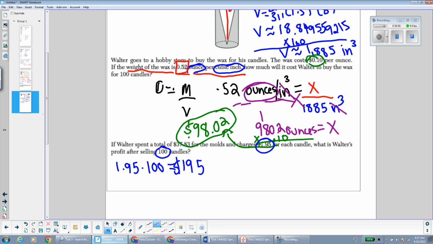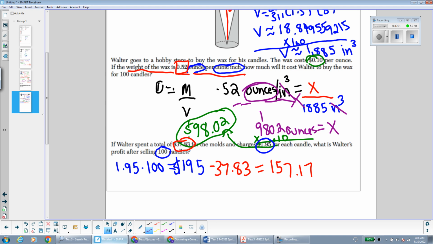Okay, so now we need to subtract off everything that Walter spent to make the candles, and then we'll be left over with his profit. So he spent $37.83 for the mold, so I'm going to subtract that, and that leaves me with $157.17. But Walter also had to buy the wax to make the candles.